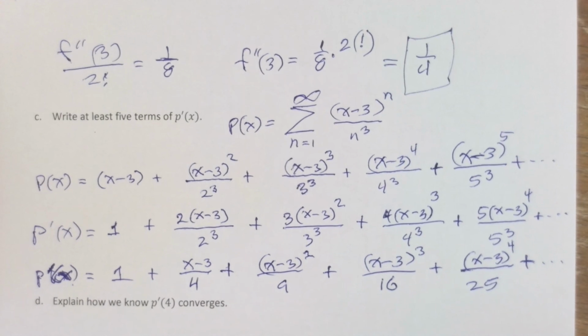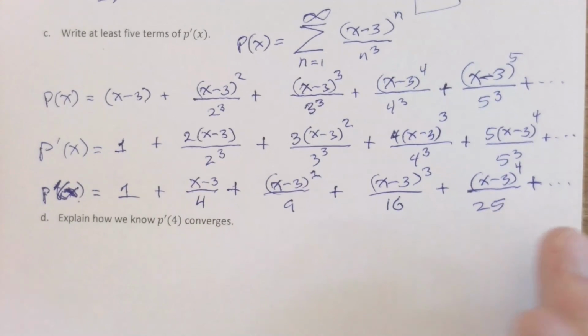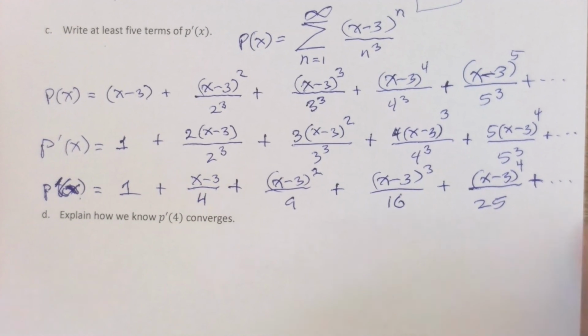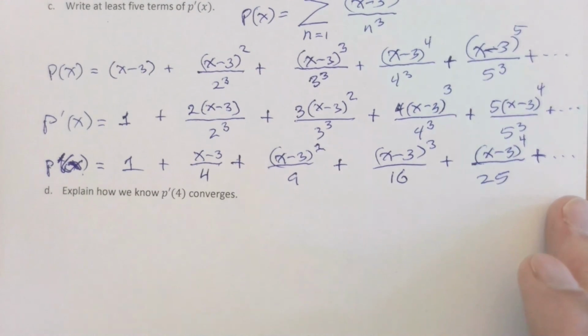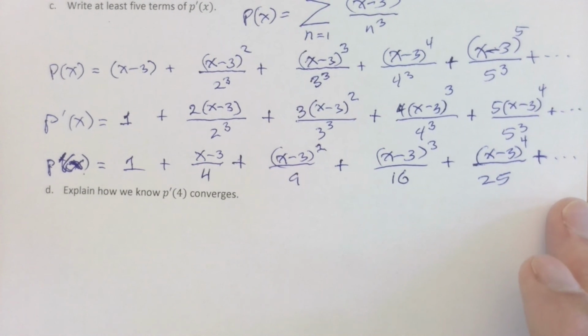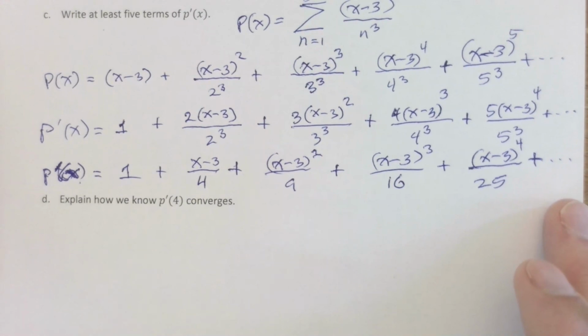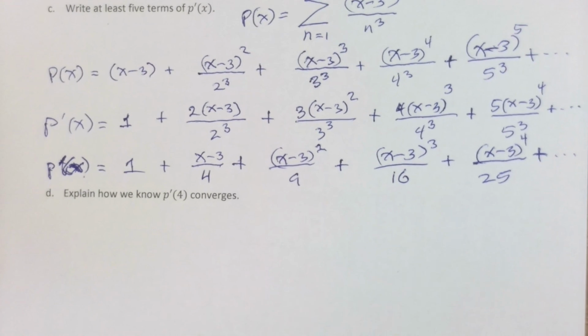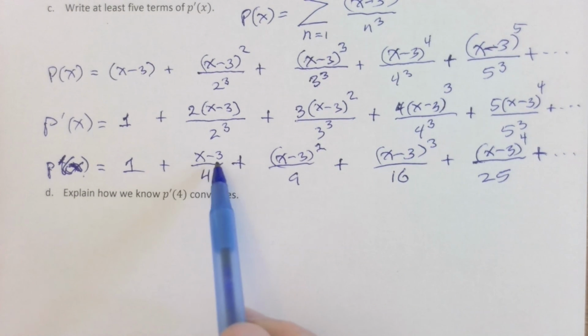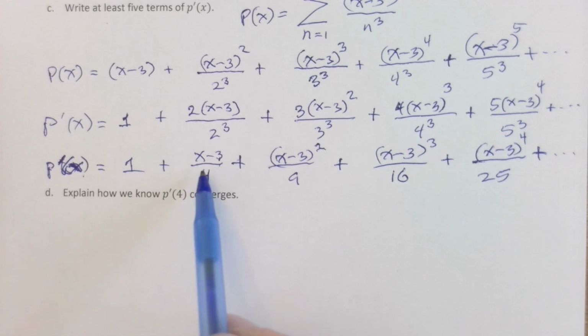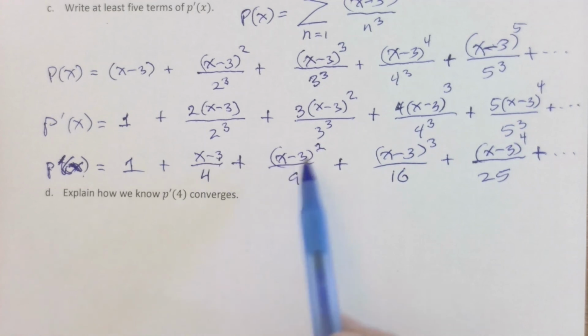Sorry about that. Now finally, how do we know p prime of 4 converges? We haven't said anything about p-series in a while. Well, this is a p-series question. Plug in 4, and you'll see that each one of these little differences up here in the numerator makes 1. 4 minus 3 is 1, 4 minus 3 is 1, and so forth.